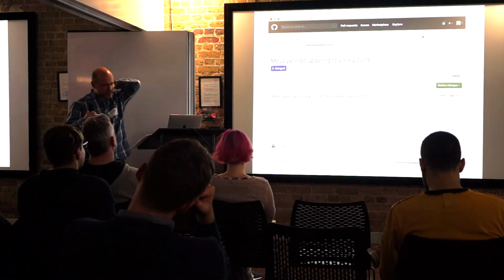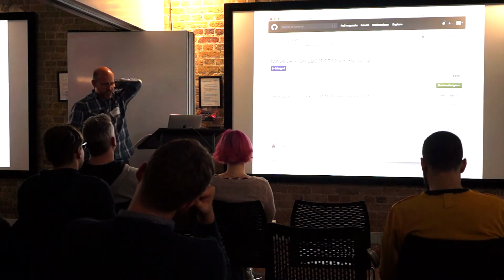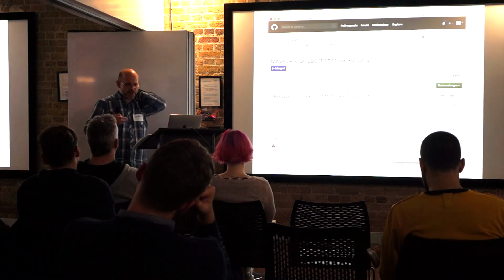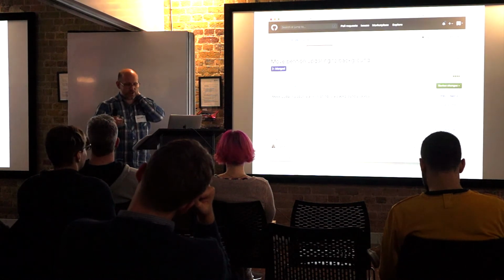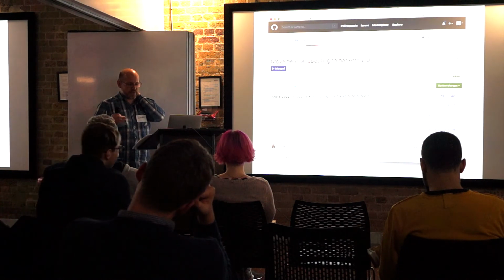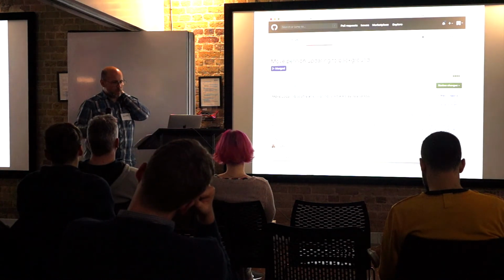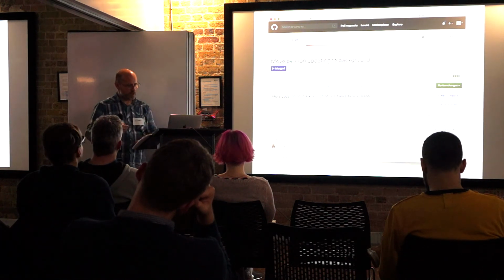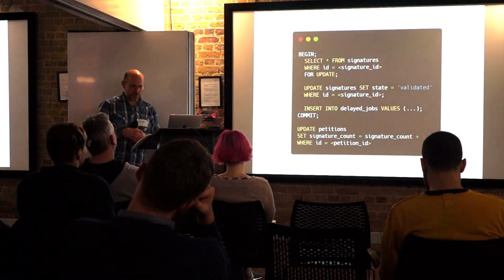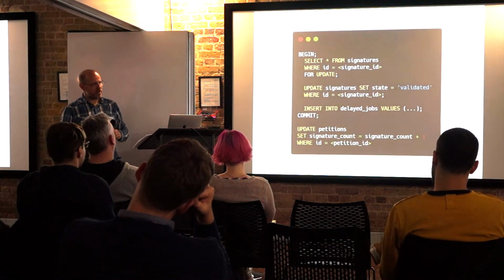We came to the realization that the user experience of seeing the signature count increase as part of the signing process didn't necessitate seeing the count increase due to their particular signature. As long as there are concurrent signatures going, the count would increase from what they saw when they filled out the new signature form anyway. So once we realised this, we moved the increment query out of the web request and into a background job.